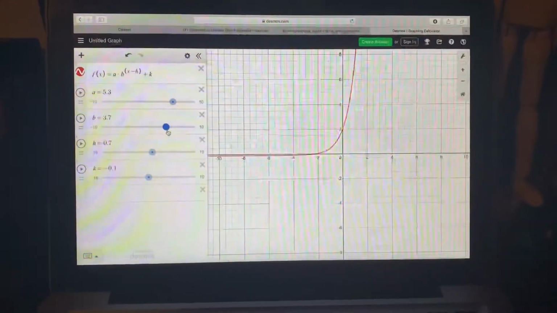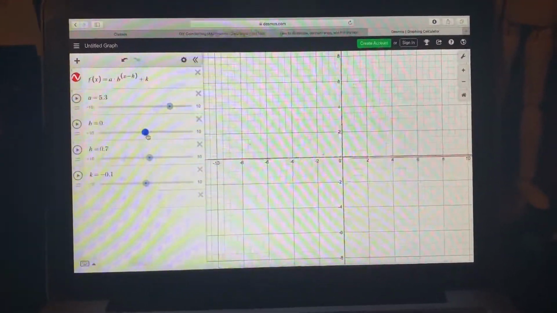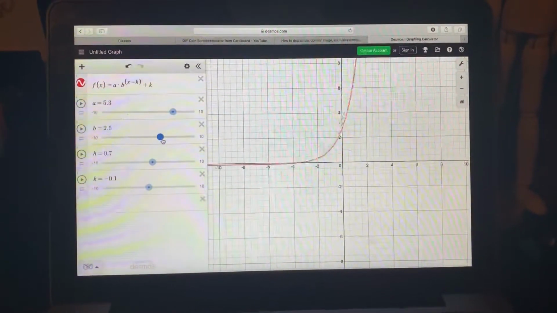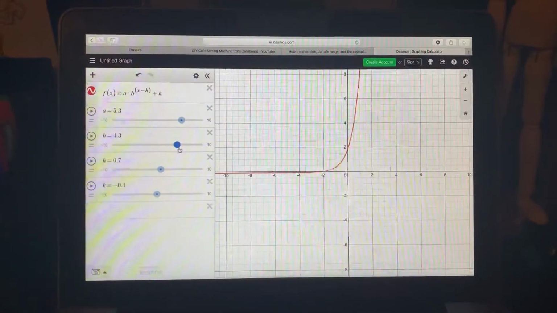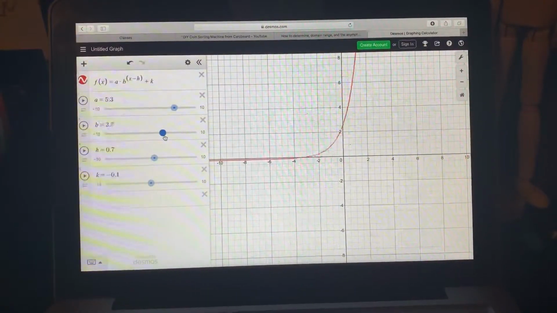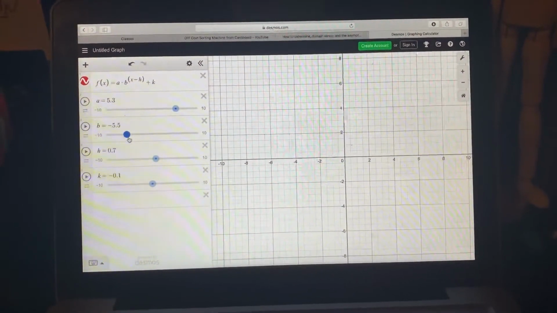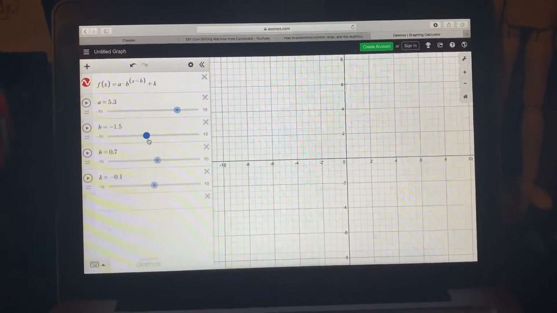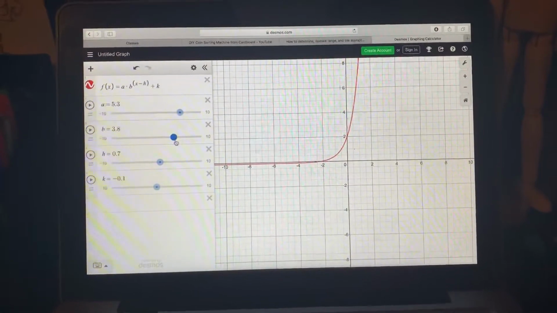As for B, this pretty much controls how the curve is either going to be on one side or the other. Depending on if it's negative, it'll be on the right, and if it's positive, it'll be on the left.